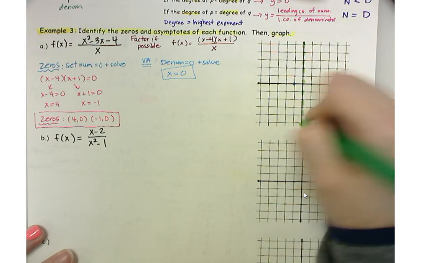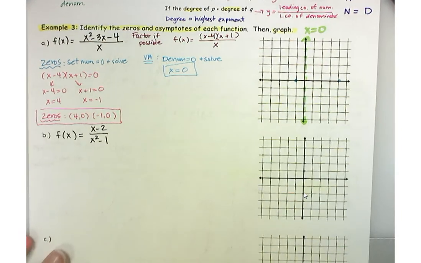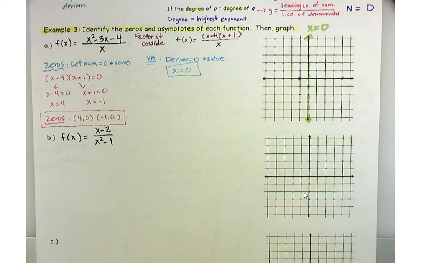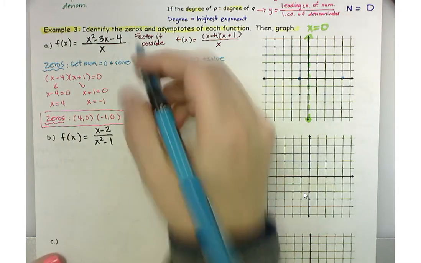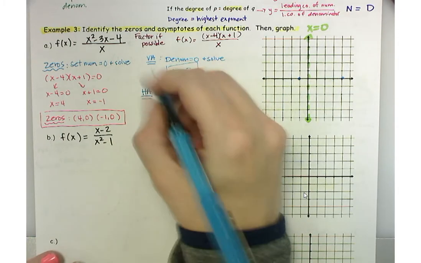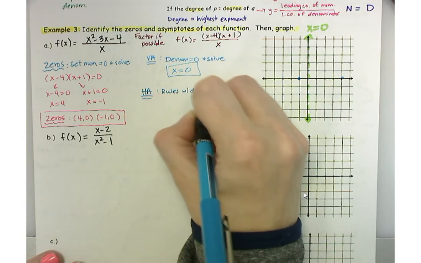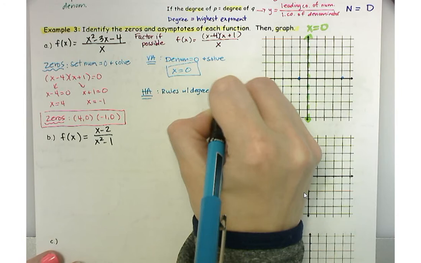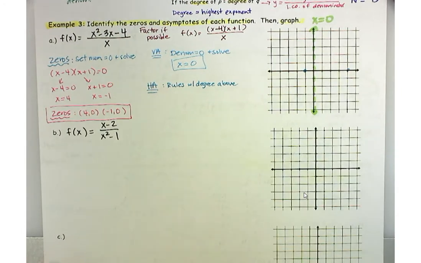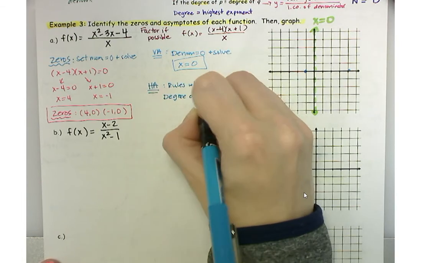Yes. And Kate, what's our degree of the denominator? 1. Yep. So what is bigger, 2 or 1? 2. Okay, so we have the numerator is greater than the denominator. So when I go up to my rules, n is greater than d is my first one, which means that there is no horizontal asymptote. Okay, so I only have the vertical asymptote here.